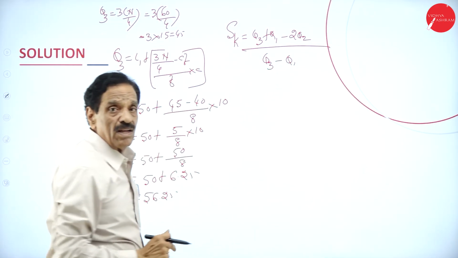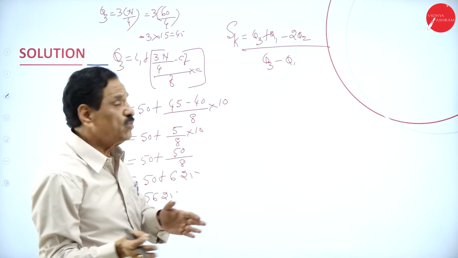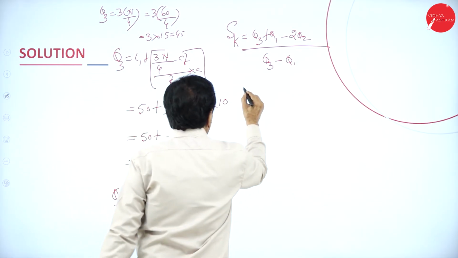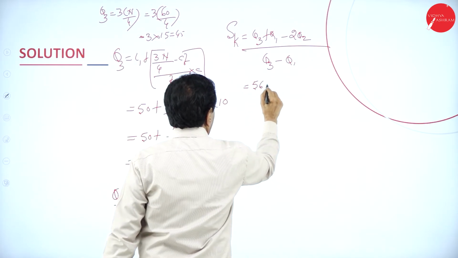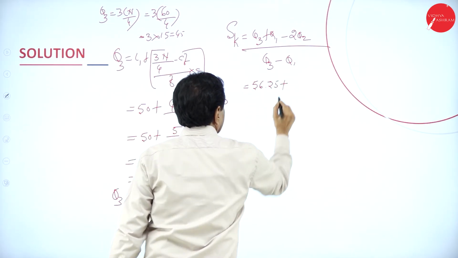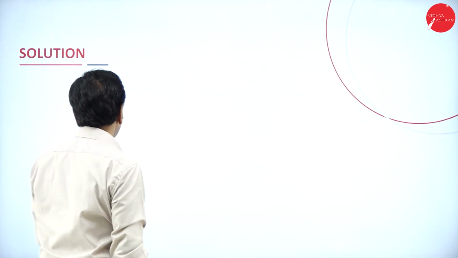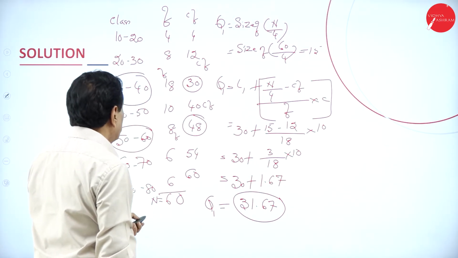What is the formula? Q3 plus Q1 minus 2Q2 divided by Q3 minus Q1. Slowly we'll apply. What's your Q3? 56.25 plus, we see that, what's your Q1? Your Q1 is 31.67.